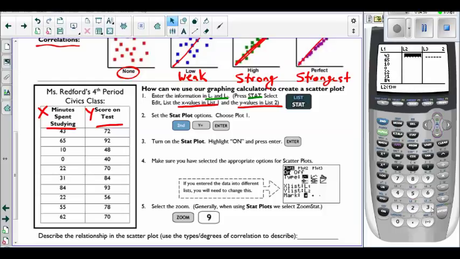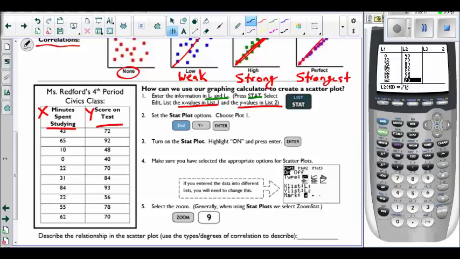I got my x values, now I got my y values. So I have all of my x's and y's in there.